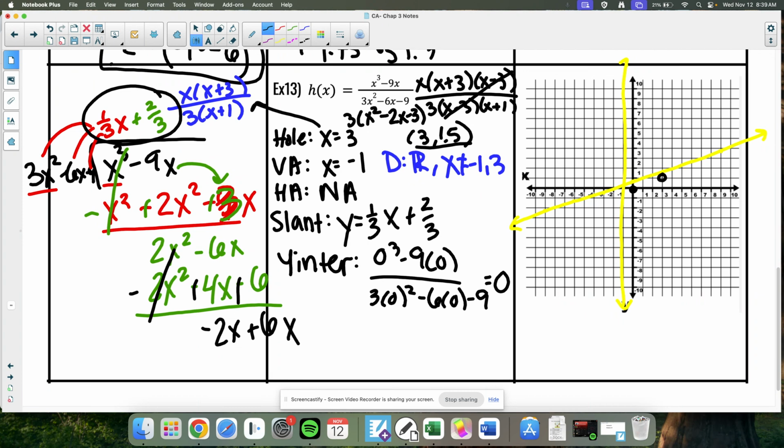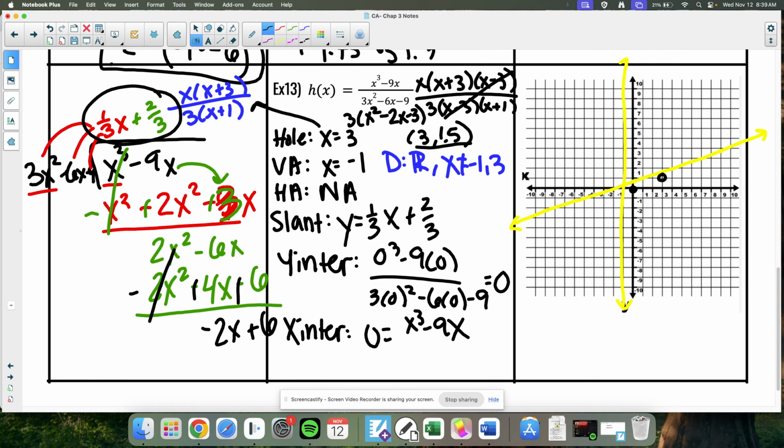And then our x-intercept, instead of plugging in a 0, now what do we do? Set it equal to 0. And if you want to save yourself some time, what part would equal 0? The top, the bottom, or both of them? The top.